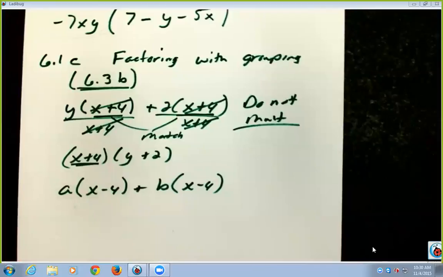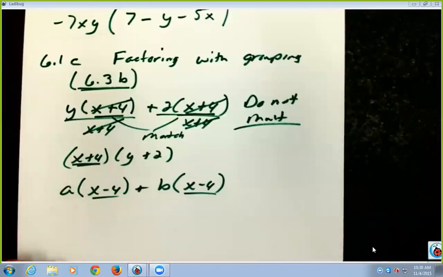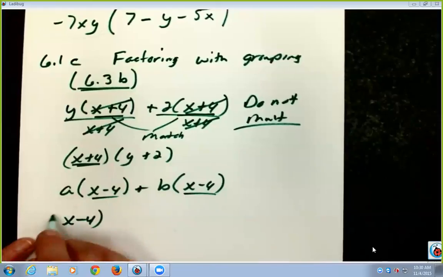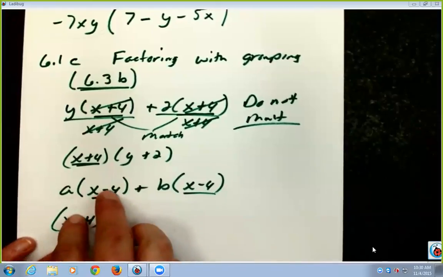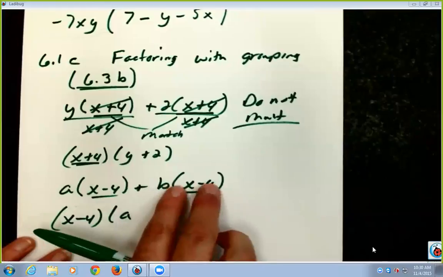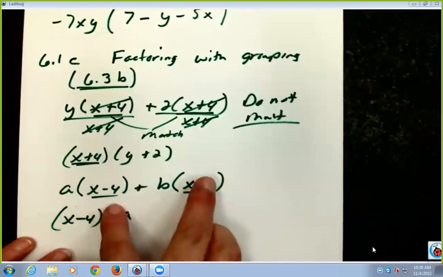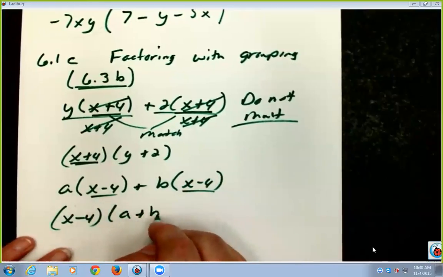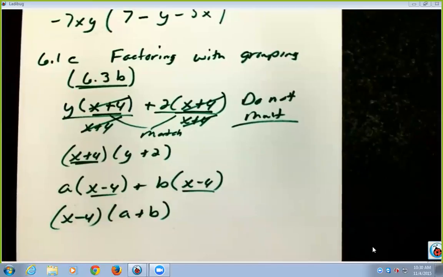Again, what would I have to pull out? Those two match. So x minus 4 comes out, and when I compare it to this one, that cancels, so I'm left with just an A. When I compare it with this piece, these two match, so they cancel, leaving me with a plus B. Okay, you're not okay. Okay, good.